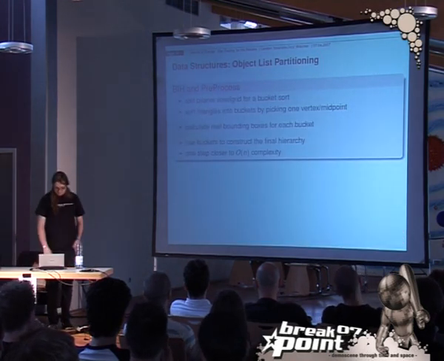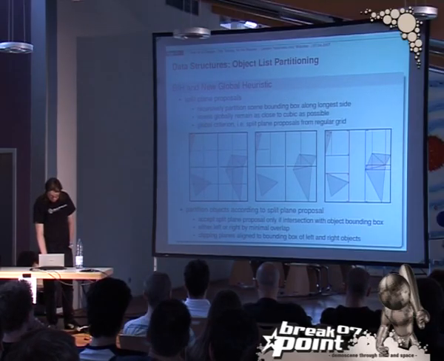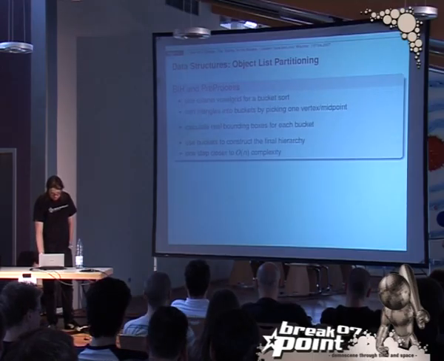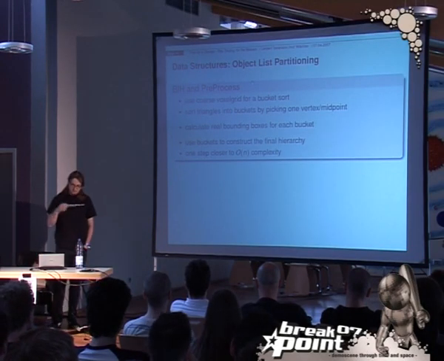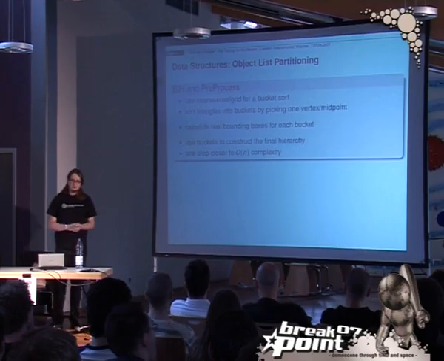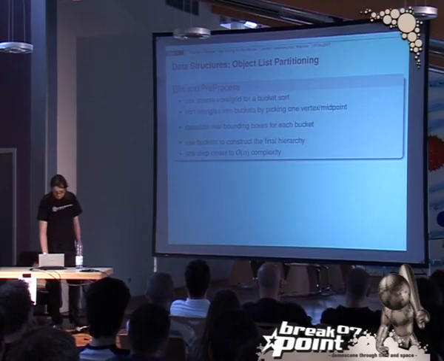So then there is, because we use this regular grid here as proposals for the split planes, or the clipping planes in this case, we can do a pre-processing, which makes things even faster. So you use a voxel grid, and this can be pretty coarse, so you don't have to spend millions of cells, no, some few thousands are enough.